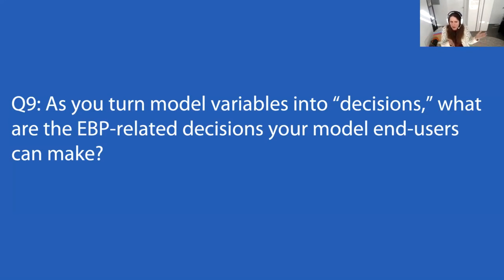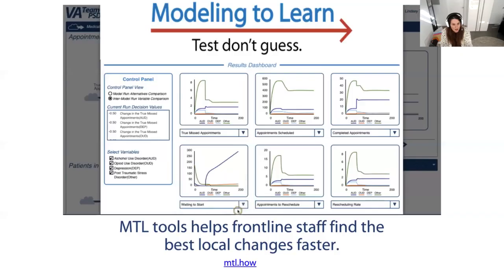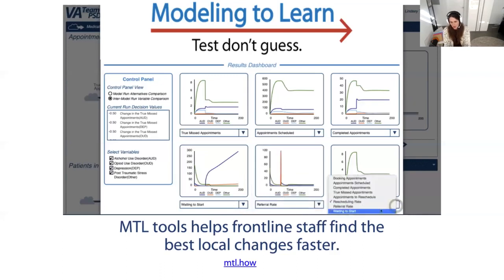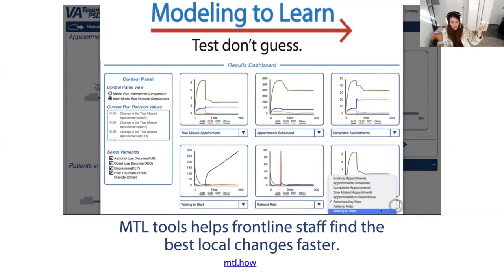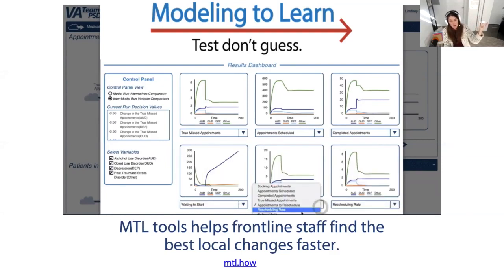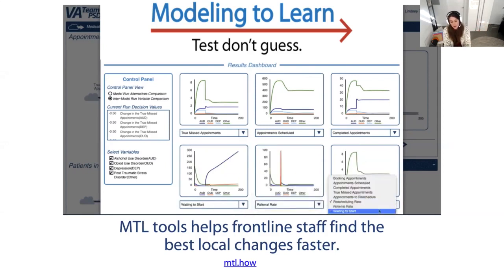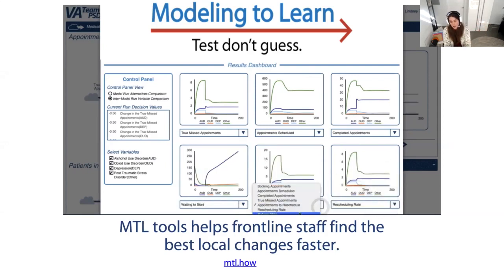We're not running simulations that are out of sync with the real decisions that are under their purview. And so think very carefully about taking an empowering frame and thinking through who needs these tools to find the best local changes faster. It could be that they're budget making type of decisions, if that's who your model end users are. And in our case, it was really about how to help staff allocate their local time and resources.